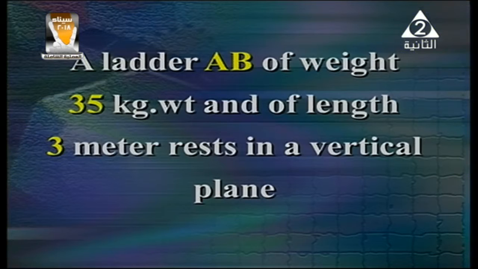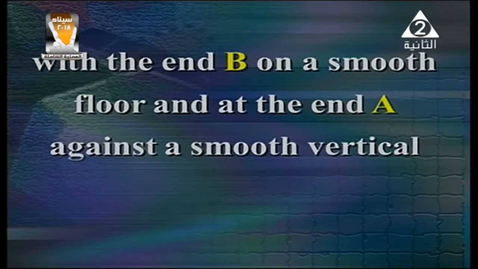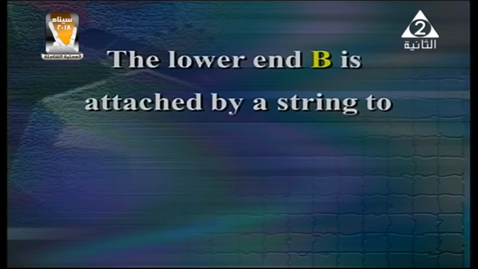Ladder AB of weight 35 kilogram weight and length 3 meter rests in a vertical plane with the end B on a smooth floor and the end A against a smooth vertical wall.